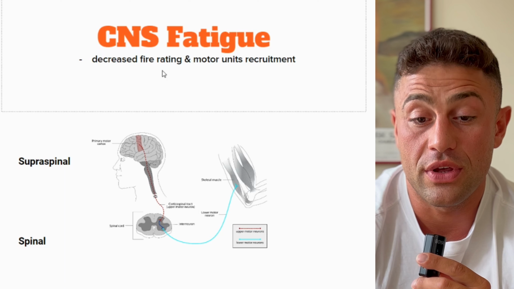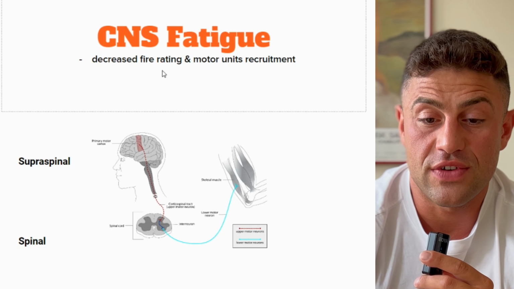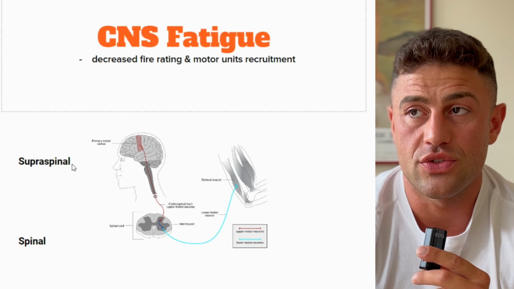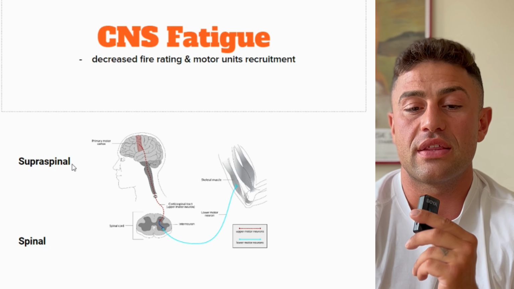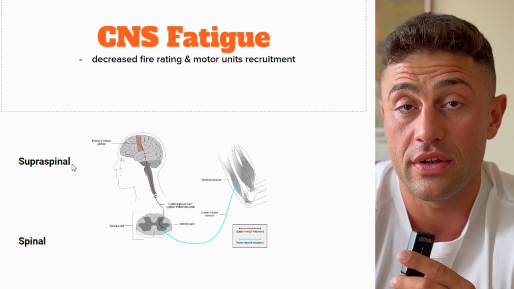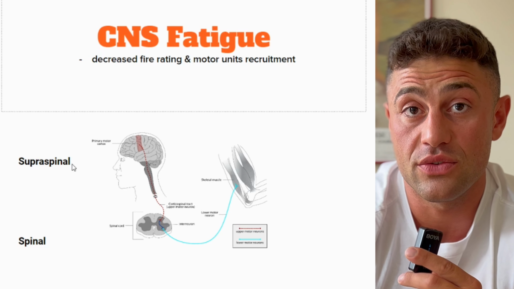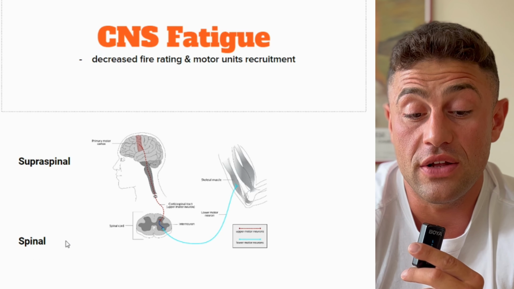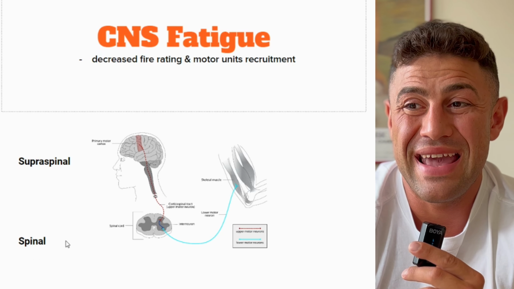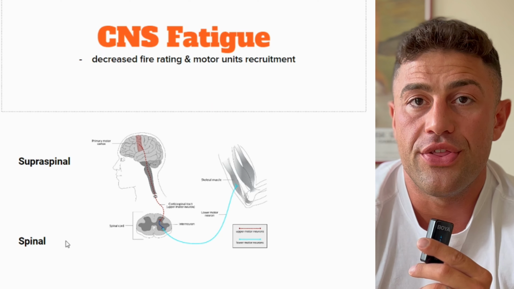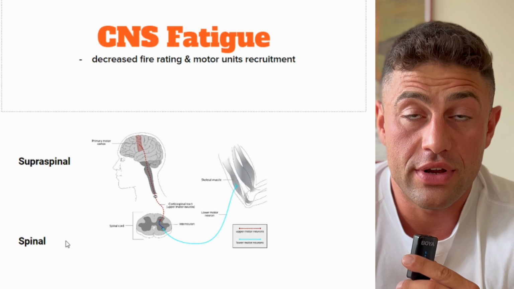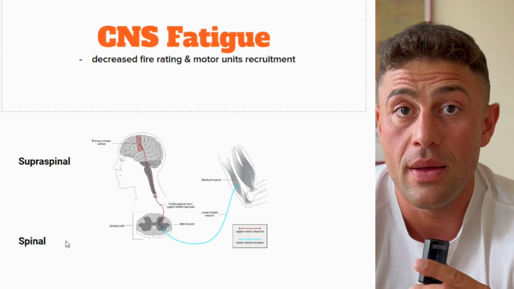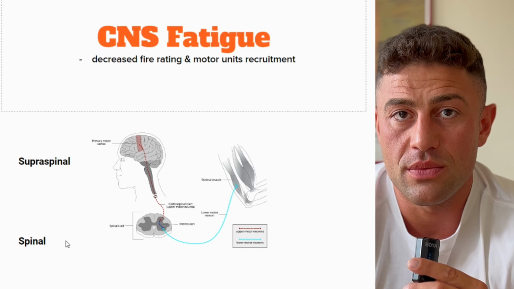However, CNS fatigue relates to supraspinal fatigue, which is related to your brain decreasing the amount of firing into your alpha neurons down to your muscles, or spinal fatigue, which is a mechanism where the amount of motor firings coming from your brain are decreased through your spine before leaving down to the muscle.